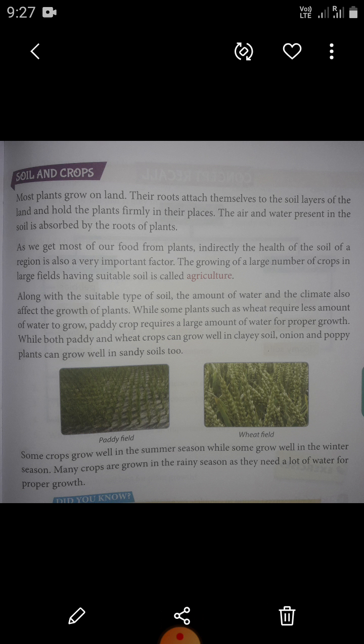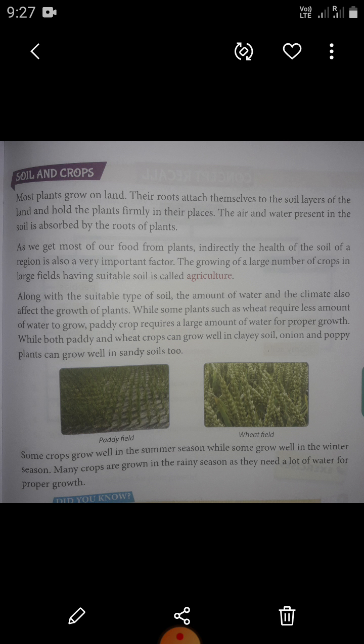Soil is a mixture of organic matter, minerals, gases, liquids, and organisms, and the upper layer of earth is where plants grow. As we get most of our food from plants, indirectly the health of the soil of a region is also a very important factor. The growing of a large number of crops in large fields having suitable soil is called agriculture.